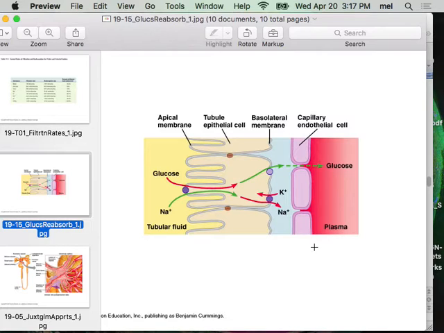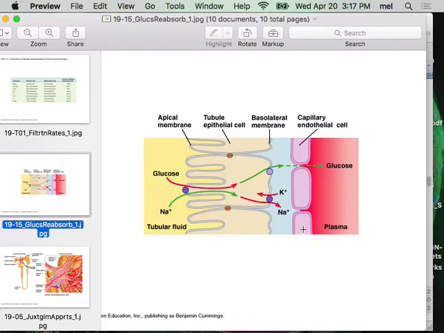You're going to use secondary active transport, because it might be going against its concentration gradient, but I still want it as cheap as I can get it. So I do secondary active transport with sodium, and then a carrier across the other side, and then I have to use the sodium-potassium pump to regulate the concentration. That make sense? This is exactly what you learned before, but it's just putting it into the kidney.